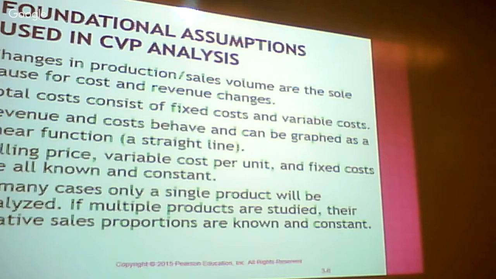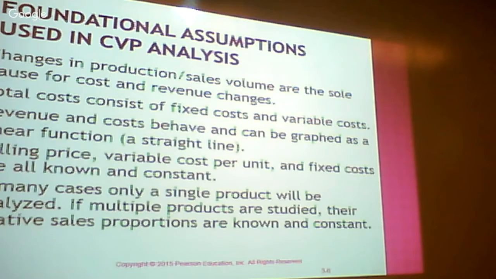Selling price, variable costs per unit, and fixed costs are all known and constant. Big issue there, right? Because, in the real world, are fixed costs actually fixed costs? No, okay? They're not. Variable costs, we're saying that it's going to cost me, variable cost-wise, $15 per unit. But in reality, it probably is not. Because we have different things like more labor, less labor, things like that.